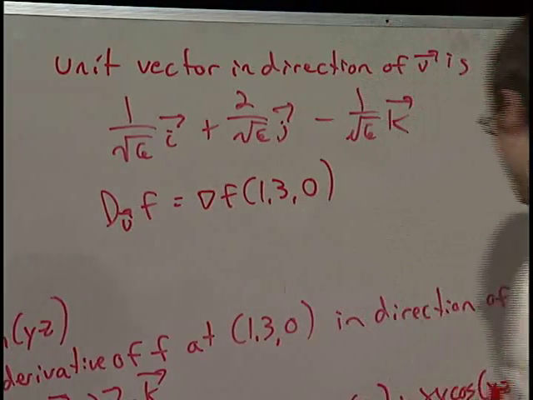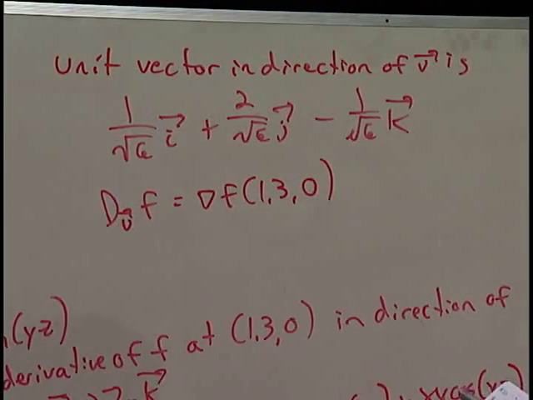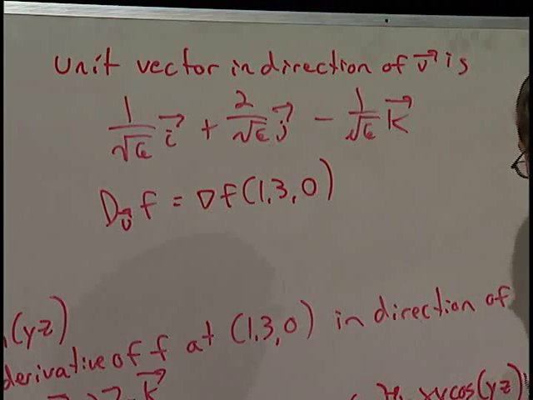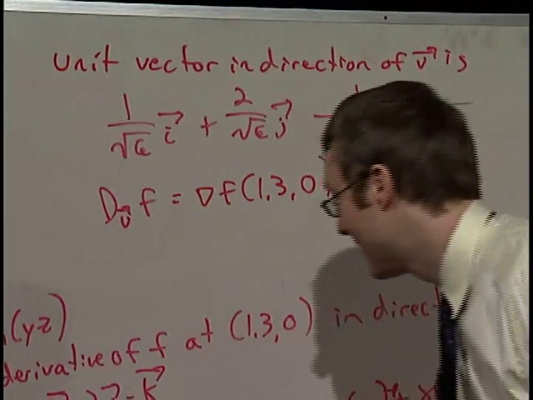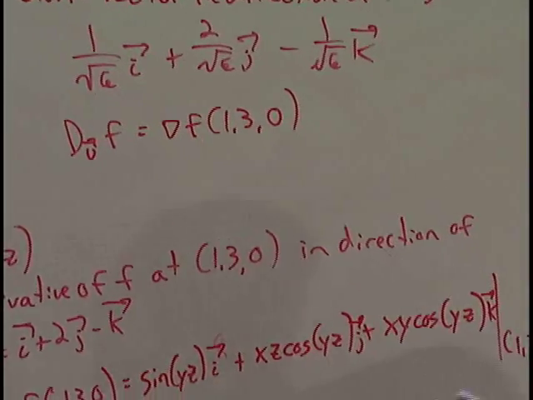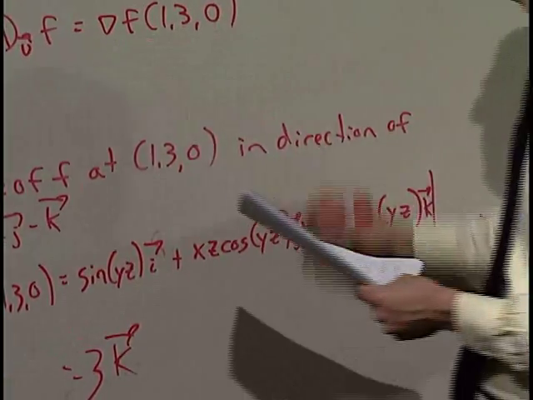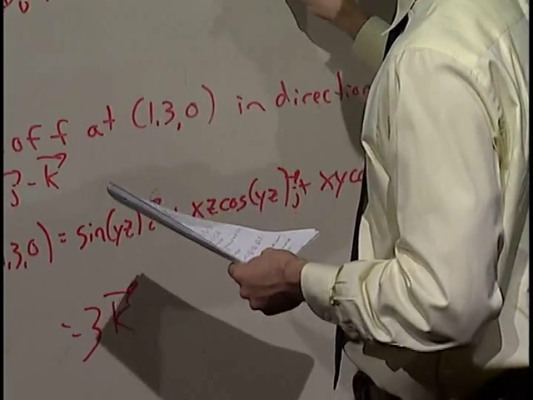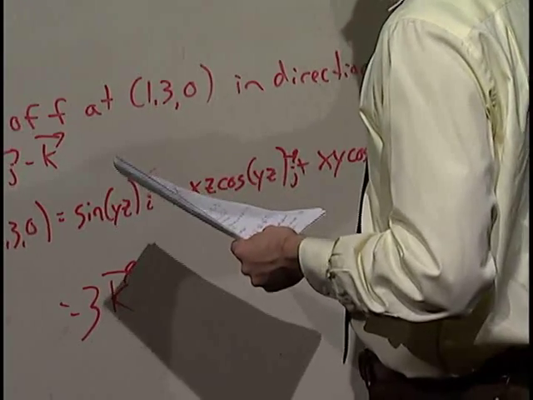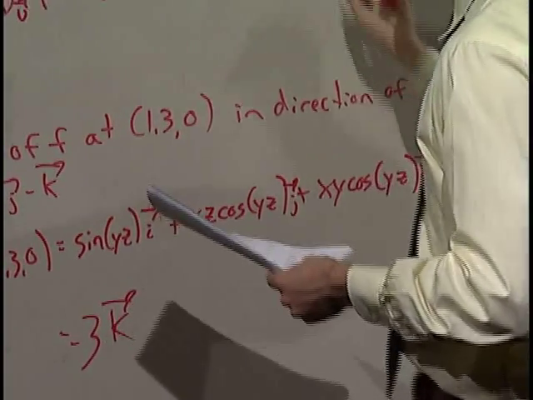And actually what I should say down here, I'm being very sloppy here, aren't I? That should have a j, and that should have a k, and this should be 3k. Yeah, I'm being very sloppy here, but this is still a vector, still 3k. Okay? So this is the gradient dotted with u.